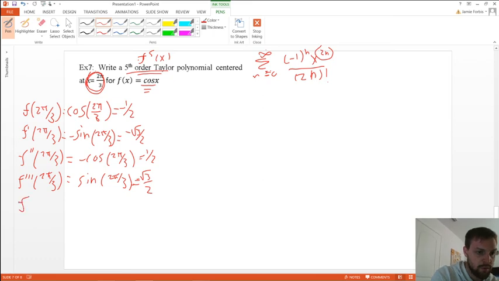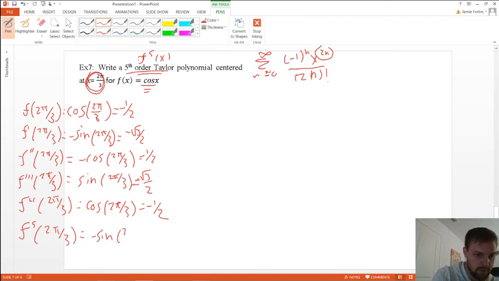The fourth derivative at 2 pi over 3 is equal to cosine of 2 pi over 3, which is equal to -1/2. And the last one is the fifth derivative at 2 pi over 3, which is equal to negative sine of 2 pi over 3, or negative √3 over 2.